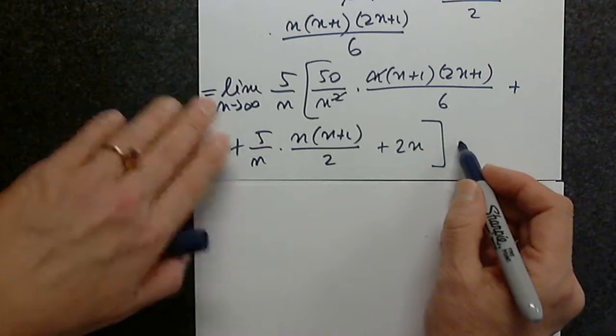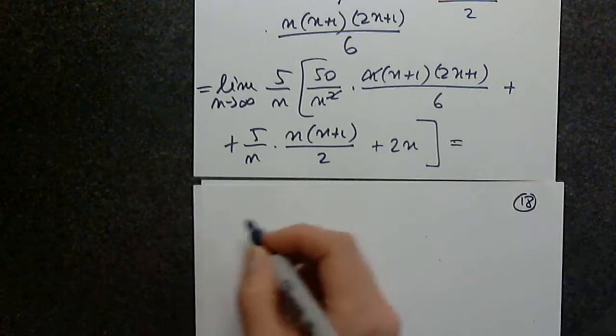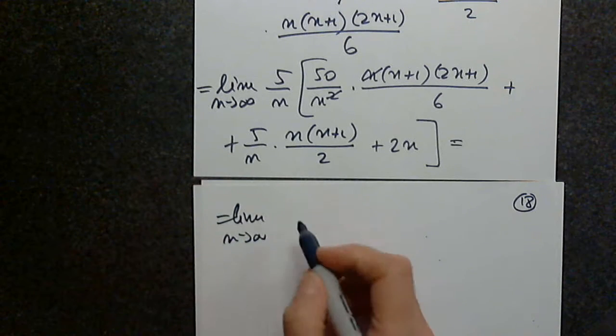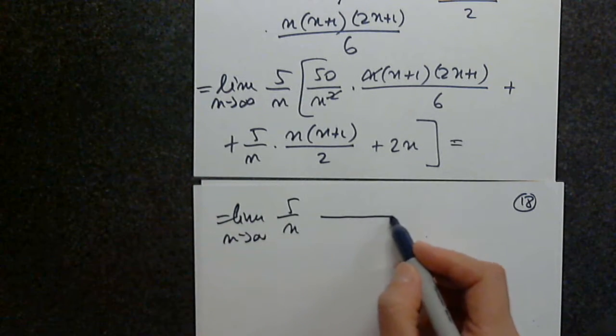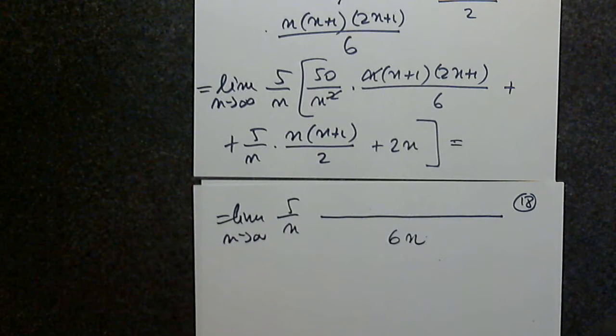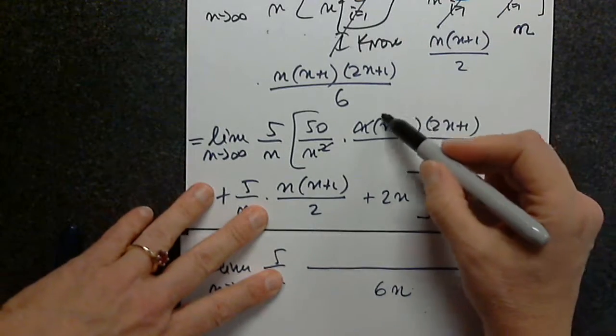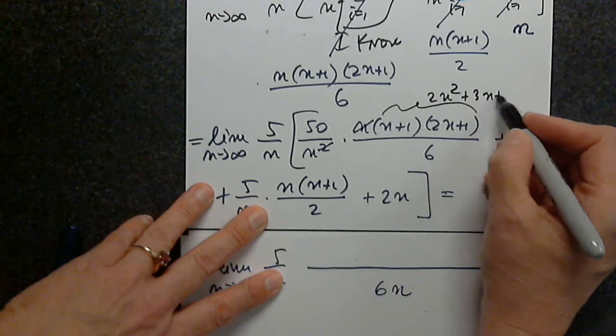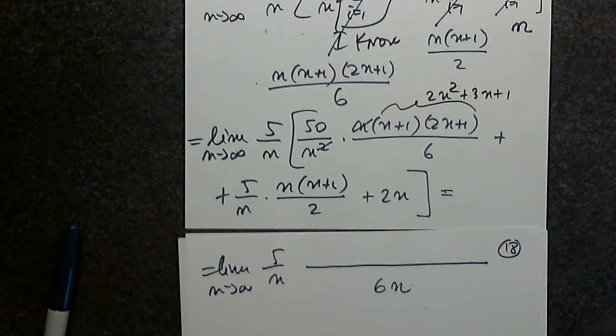So then we have limit as n approaches infinity of 5 over n, and the least common denominator is 6n. I will distribute these two right here, right now, and get 2n squared plus 3n plus 1, because it's easier when I multiply.